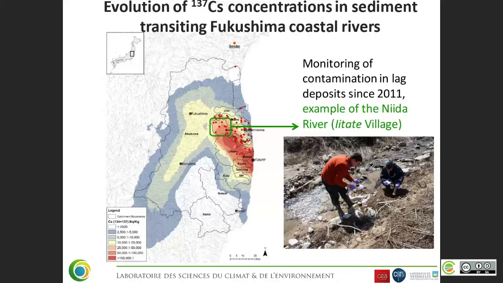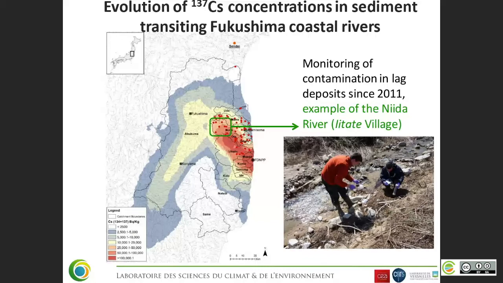So initially we were also very optimistic, and with the Japanese colleagues we installed beautiful river monitoring stations. But even in 2011, after the accident, when the project started, there was a big typhoon, and this typhoon flushed away all the river monitoring stations. So as a surrogate method for monitoring, we just collected flood deposits, lag deposits, which are very easy to find.